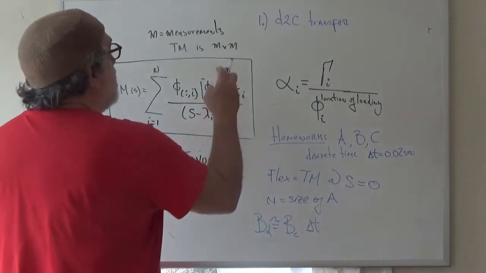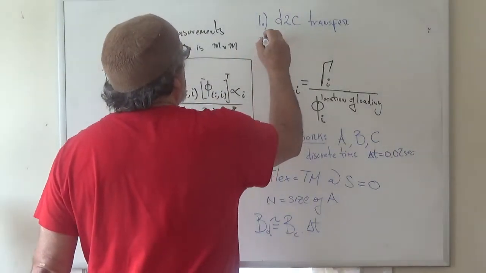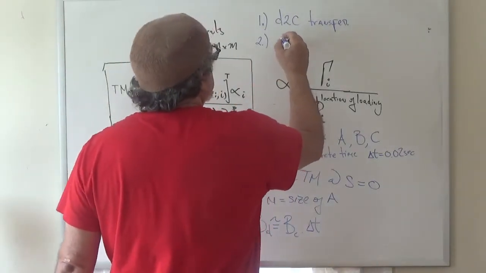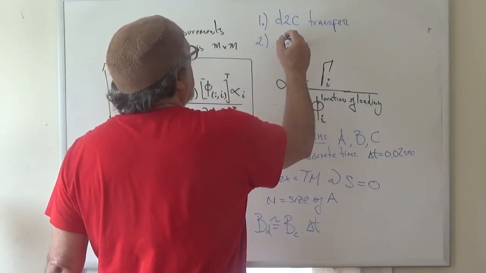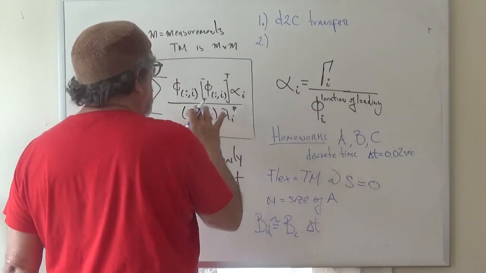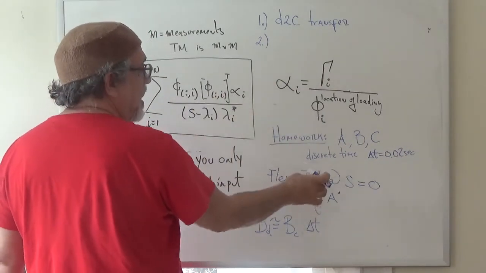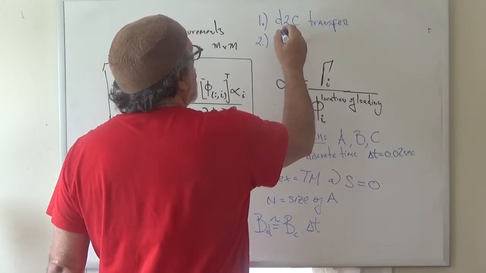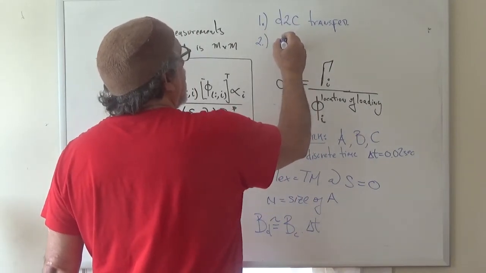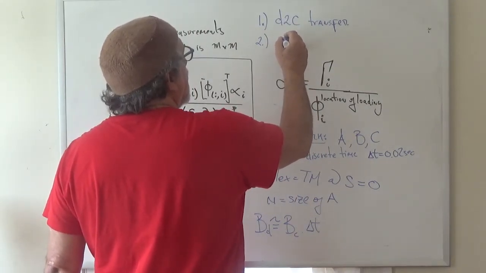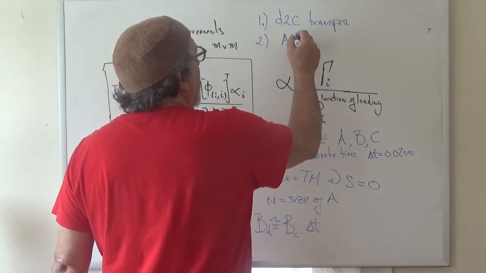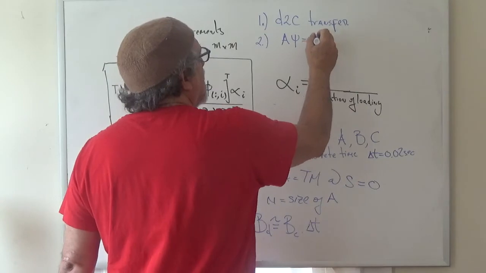Once you have your A, B, C, then in your step 2, you're going to have to find the mode shapes, right? So you have to solve the eigenvalues and the eigenvectors of the A continuous. I will say it like this: A times phi is equal to phi lambda.